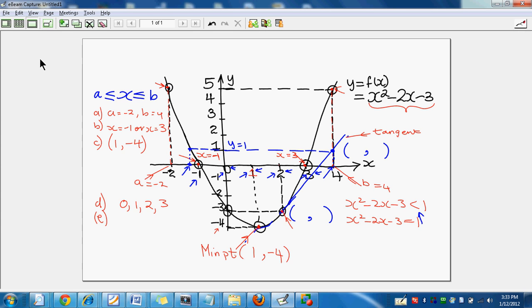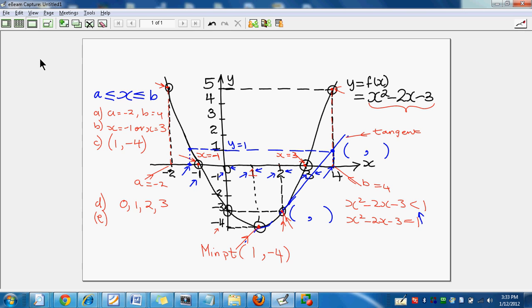This point here is where they want us to find the gradient. But to find the gradient of a curve at a point, you need to find the gradient of the tangent at that point. The gradient of a curve at a point is the gradient of the tangent to the curve at that point. And they already gave us the tangent at the beginning of the question. So all we have to do is to find the gradient of that tangent.